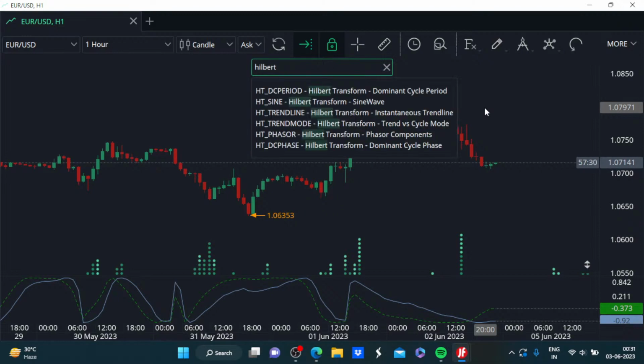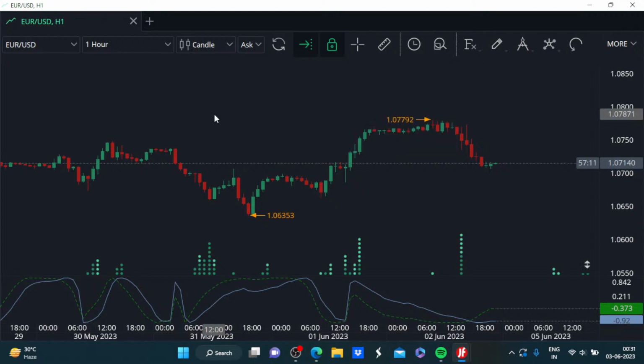Even if you simply type in Hilbert, here we have these multiple indicators. Some of the indicators we have seen earlier, like instantaneous trend line, and some others which we will see in coming sessions. Today is the turn of the Hilbert transform sine wave.